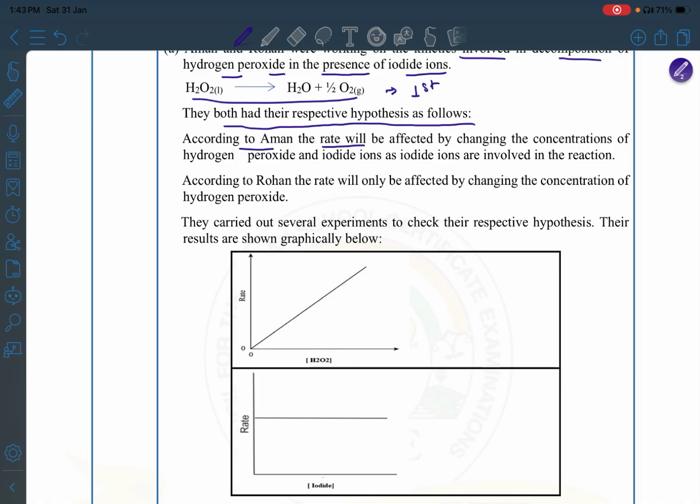According to Aman, the rate will be affected by changing the concentration of hydrogen peroxide and iodide ion, as iodide ion is involved in the reaction. According to Rohan, the rate will be affected by changing the concentration of hydrogen peroxide. So here iodide is a catalyst, and the rate doesn't depend on the concentration of the catalyst. So according to these two statements, Rohan is correct and Aman is incorrect.